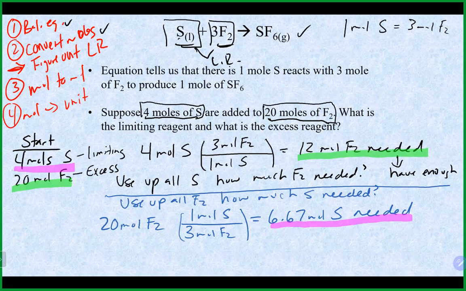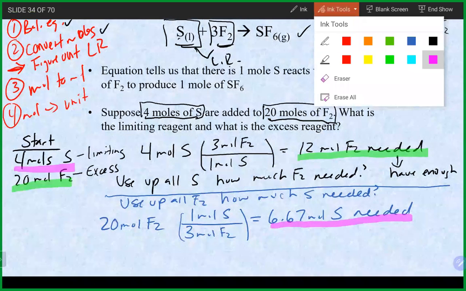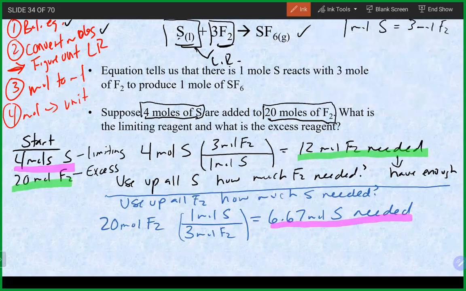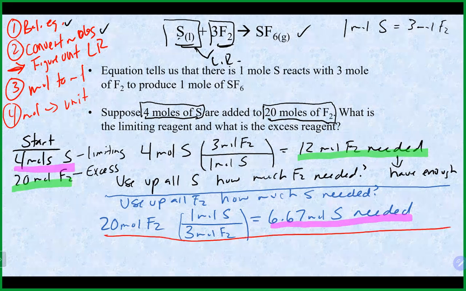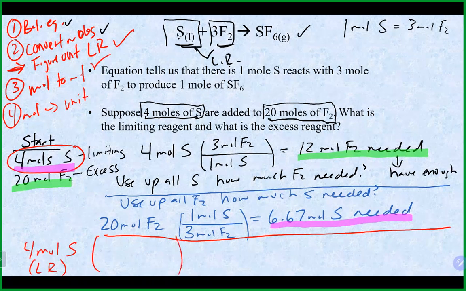Now, once I determine which one is the limiting reagent, I always want to use the limiting reagent and the starting amount to figure out how much product. So I am going to use my limiting reagent to figure out how much product I would form. Using the starting amount of my limiting reagent, I do the mole-to-mole relationship between the limiting reagent and the product, which happens to be a 1-to-1 relationship.